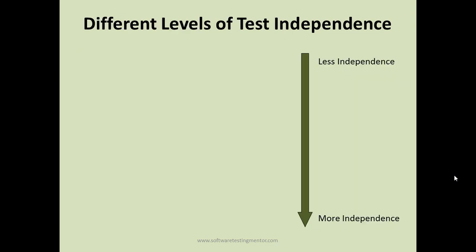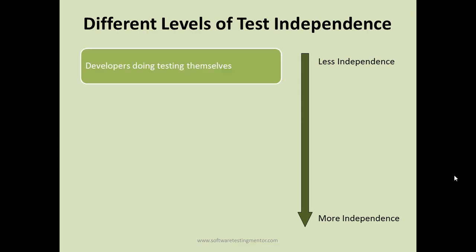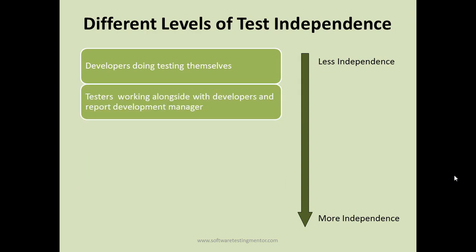So let's see what the different levels of test independence are. The least independence is when developers are doing testing themselves. So in the team, developers are developing the software and they are doing testing on their own. That's the least independence in test organization. Then testers working alongside developers and reporting to the development manager.